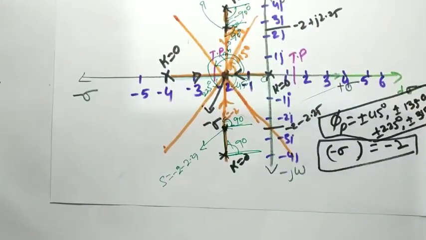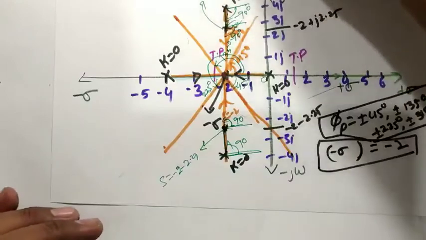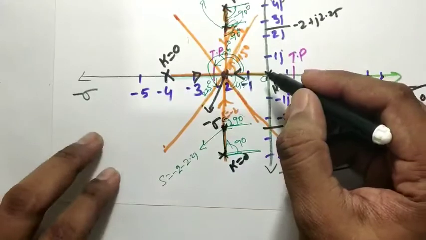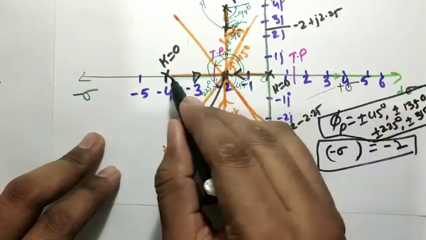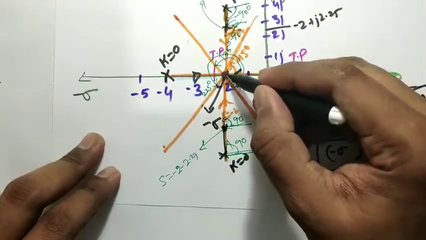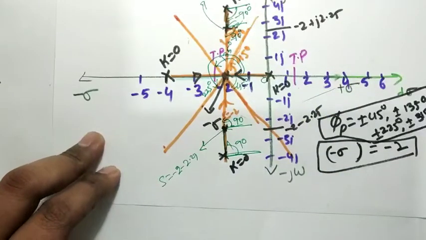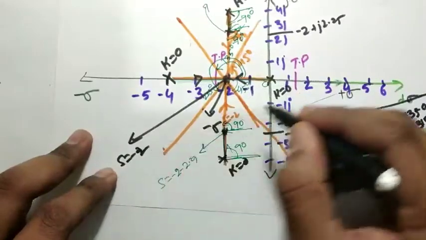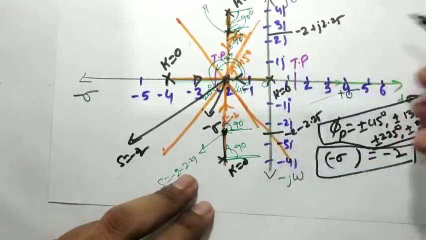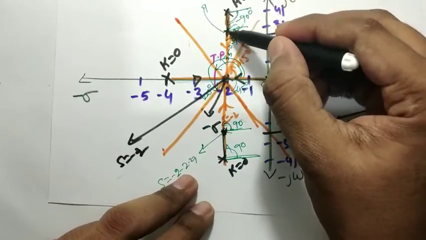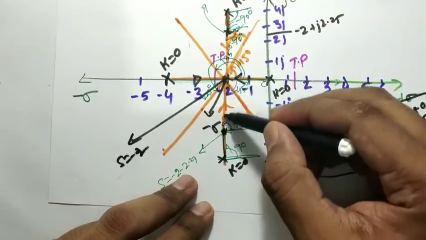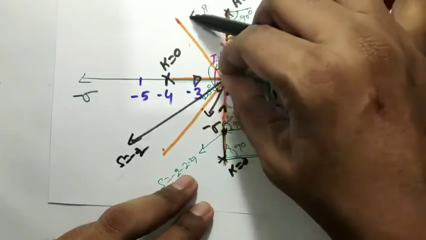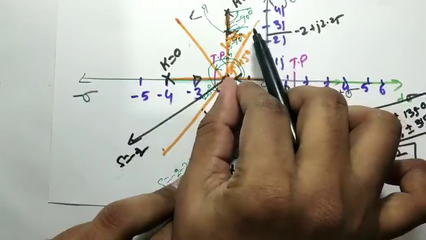So what happened? See this root, as the K value increases, what happened? This root will move in this direction, and this root will move in this direction at s equal to minus 2. So breakaway point. I have told you this is also a breakaway point. Okay, minus 2. After that this root is moving in this direction as the K value increases, and this root is also moving in this right direction as K increases. So two roots are coming in this direction, and two roots are coming in this direction, right?